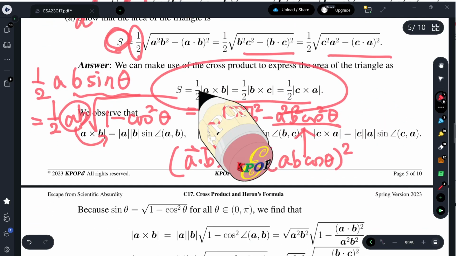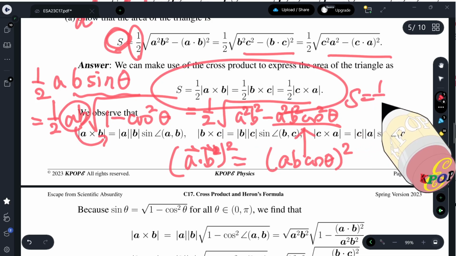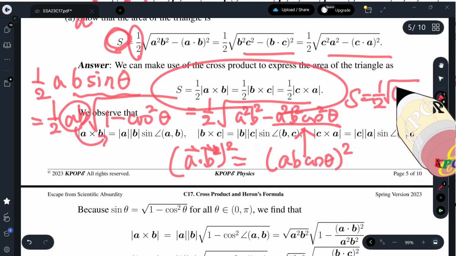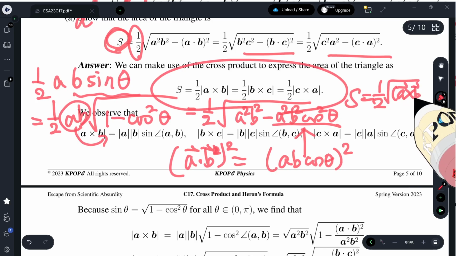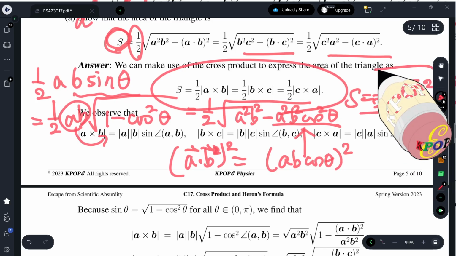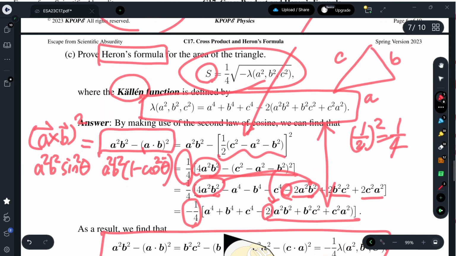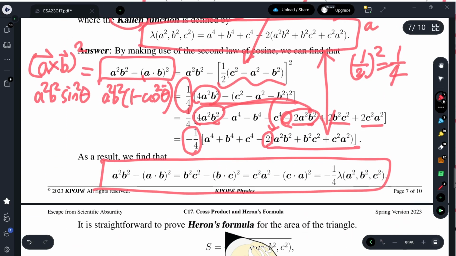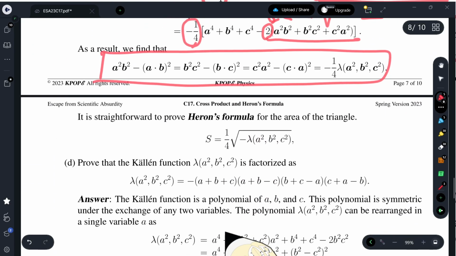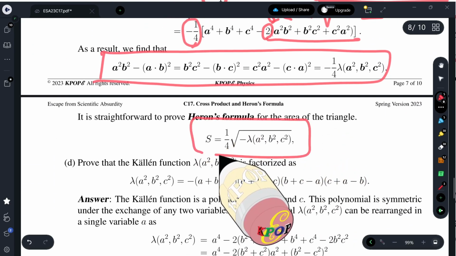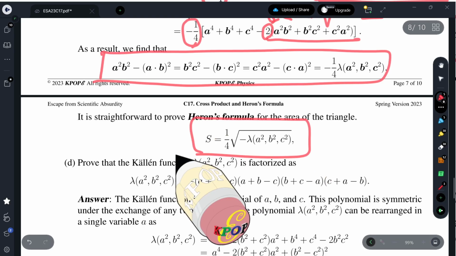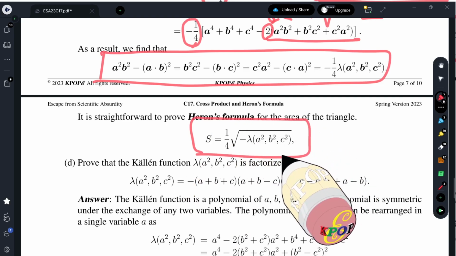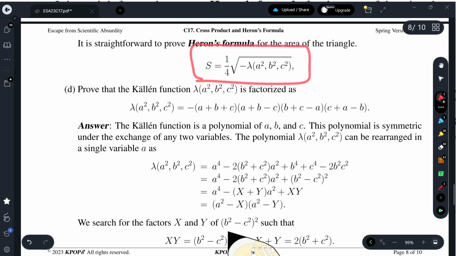So this is S equals 1/2 square root of A cross B squared, right? And this is A cross B squared. So we can substitute this one to find finally that the area of a triangle can be expressed in terms of Heron function, and that reproduces Heron's formula.